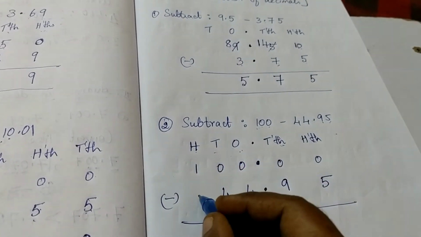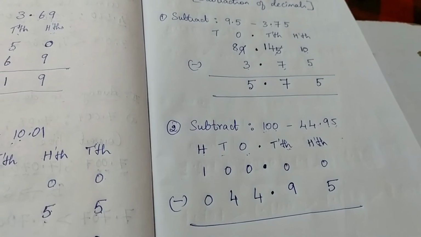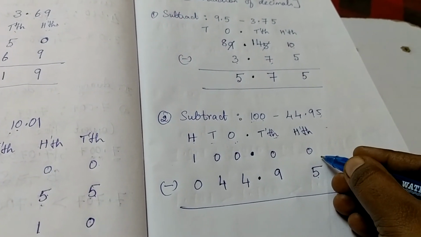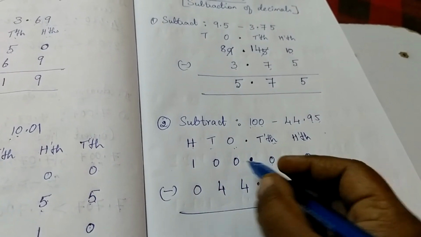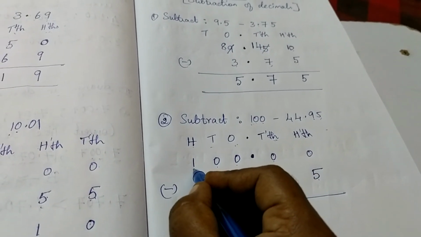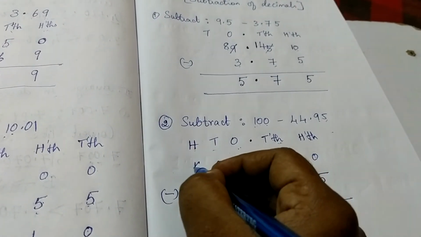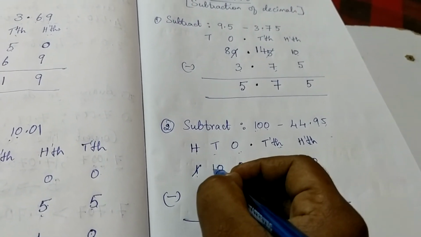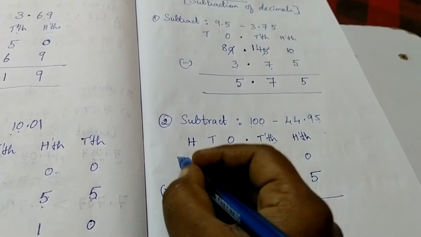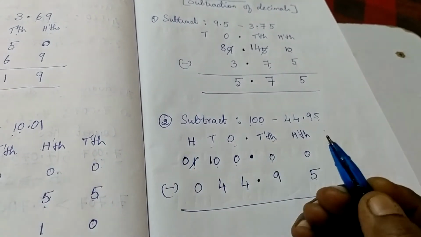Here in the hundredths place value 0. 0 minus 5, 5 cannot be subtracted from 0. Here I cannot borrow, here I cannot borrow, here I cannot borrow. In the hundreds place I have 1. From here I am going to borrow 1 to the next place value, tens. So this 1 will become 0.